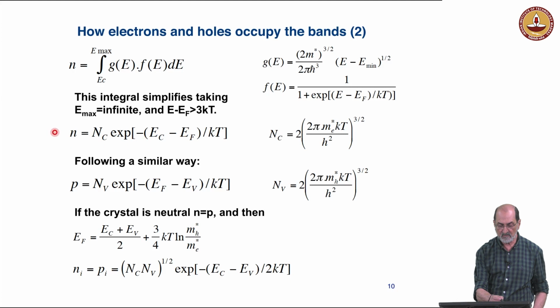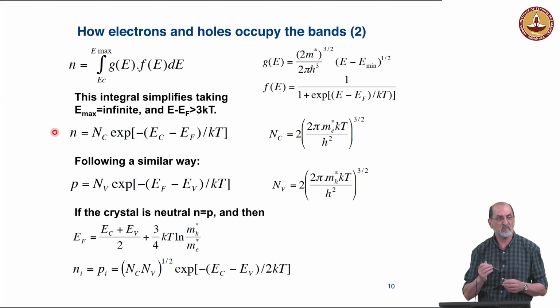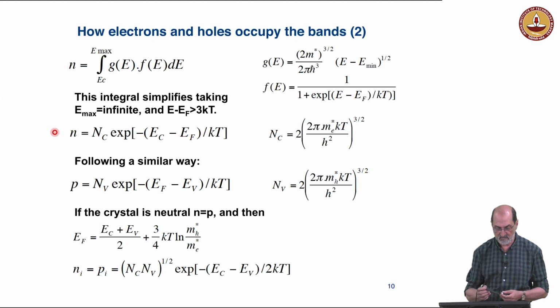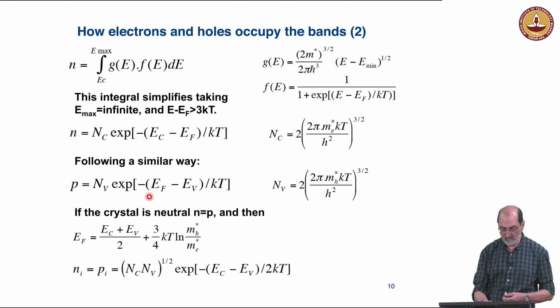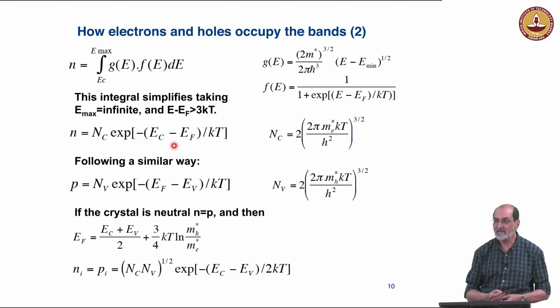So the density of electrons depends exponentially on the Fermi level. The higher the Fermi level, exponentially we have more electrons. And here p, because the Fermi level has a minus sign. When you make the product, the Fermi level disappears. So the product is independent of the Fermi level position, right?